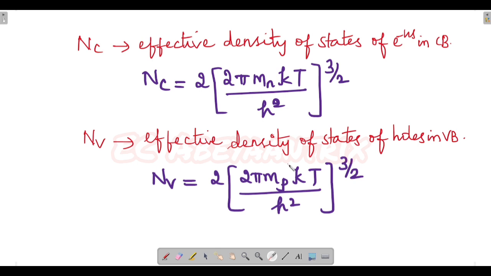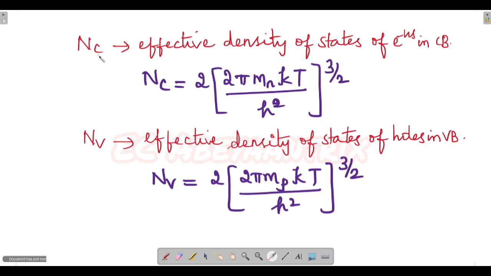And as I have said earlier, we need to know about NC and NV. NC is nothing but the effective density of states of electrons in the conduction band, so conduction band is notated as NC. Usually N refers to the number of electrons or holes, or density. Density means how many charge carriers are concentrated in a particular area.